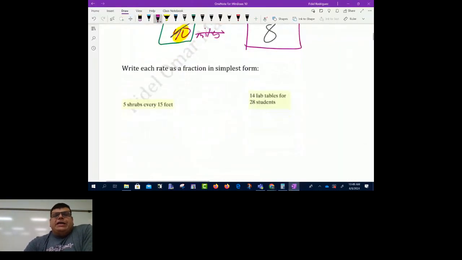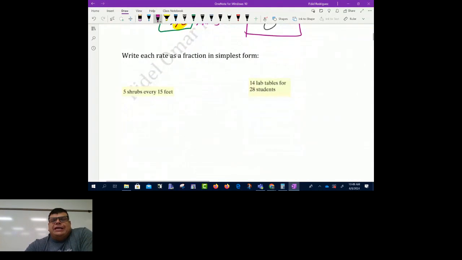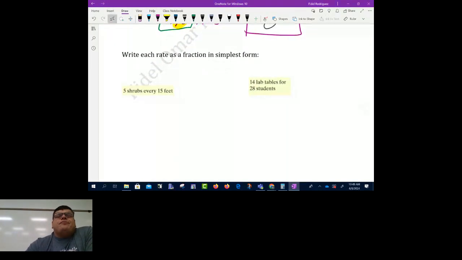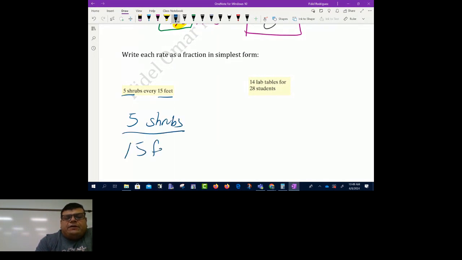And it says, write each rate as a fraction in simplest form. So now I have a rate. The difference in a rate is that the units are going to be different, okay? So look, I'm going to do this. 5 shrubs every 15 feet. Okay. So if I'm putting 5 shrubs every 15 feet, first thing I'm going to do, 5 and 15.